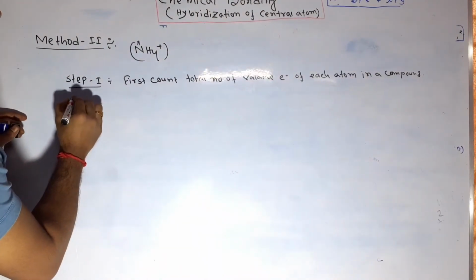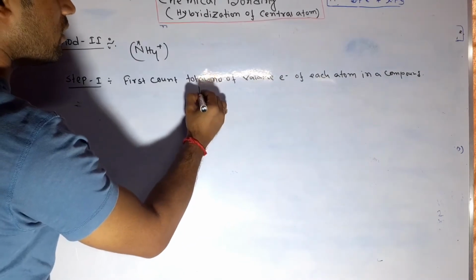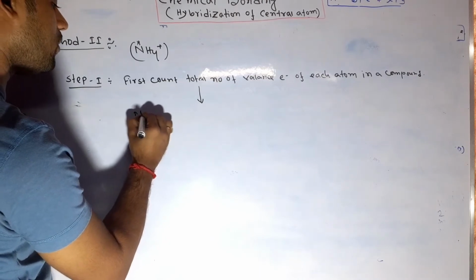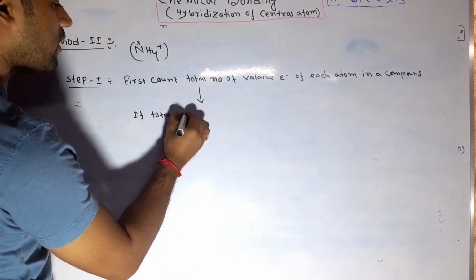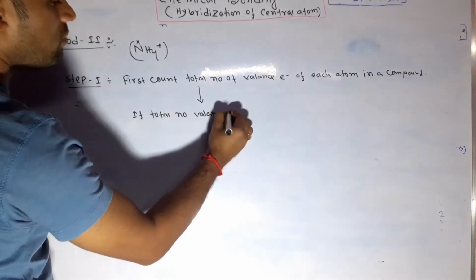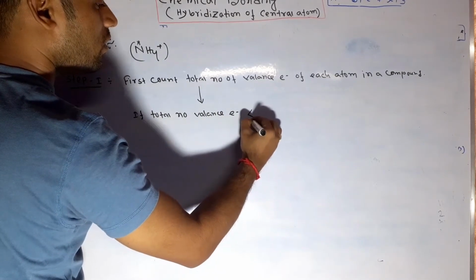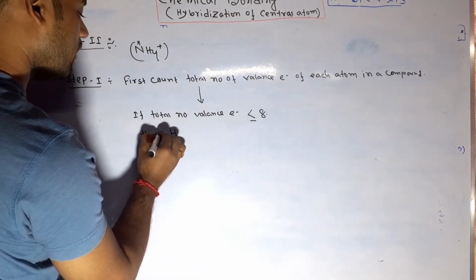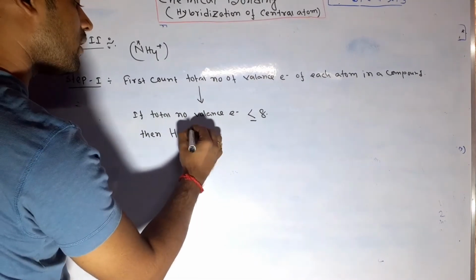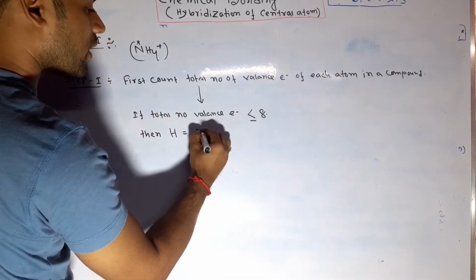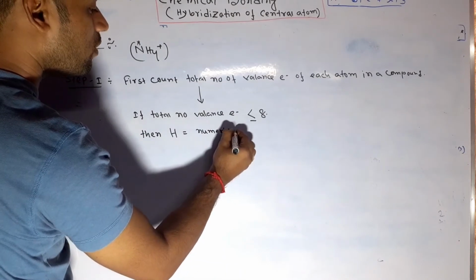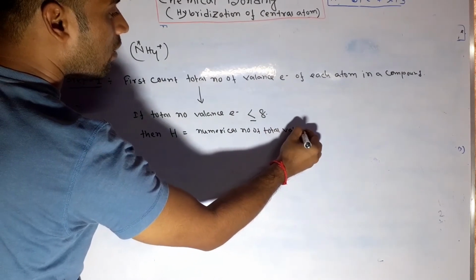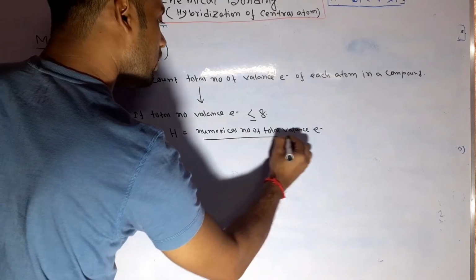Then step 2: if the total number of valence electrons is less than or equal to 8, then the hybridization number H is the total valence electron count divided by 2.